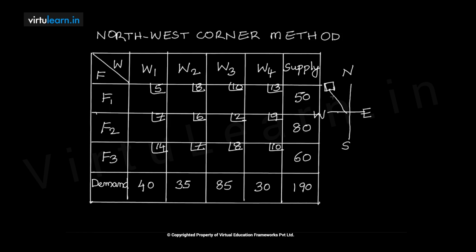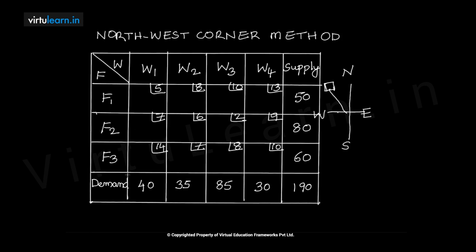That means while making allocation, first we have to identify the northwest corner cell and make the allocation. It is not a scientific method, but it is the first method which was created. So in this table, you can see the cursor, right?